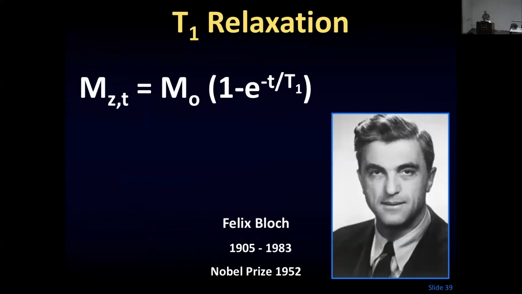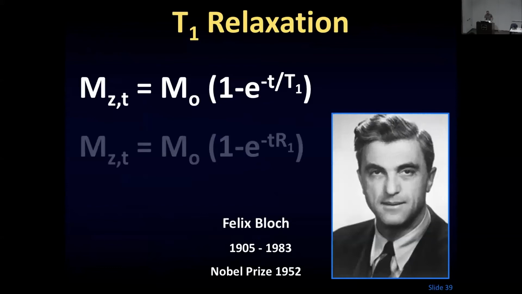So T1 relaxation is described by a T1 time constant, and when you put the equation in this form, the T1 time constant is in the denominator. Now, anytime you have a time to do something, you might have a rate associated with it.